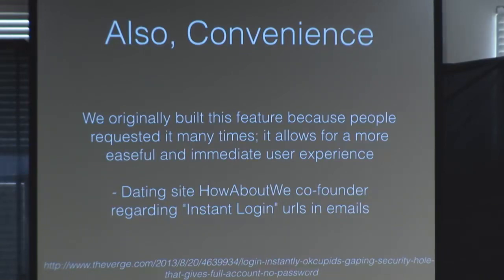A similar dating website, How About We, when asked about it, said, yeah, we built this feature because people requested it. It allows for a more easeful and immediate user experience. Both of these sites decided to do the exact same thing, regardless of the security costs. And that's always the thing, right? You have to balance convenience with security, and where do you want it to balance out?